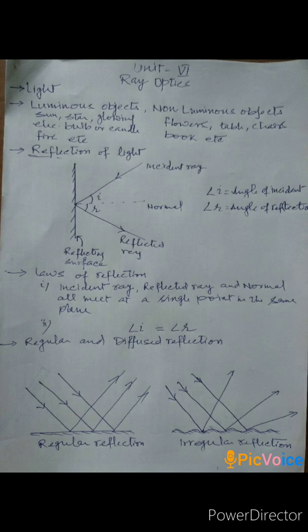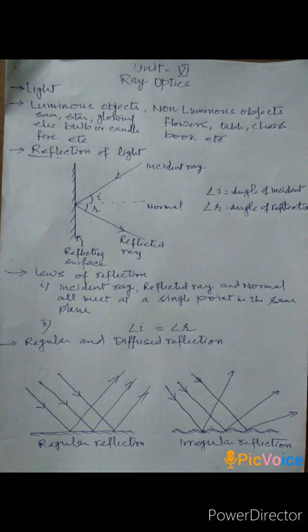The bodies which have their own light, for example sun, star, glowing electric bulb or candle, fire, etc., are the luminous objects or bodies. On the other hand, the non-luminous objects like flower, table, chair, book, etc., have no light of their own.